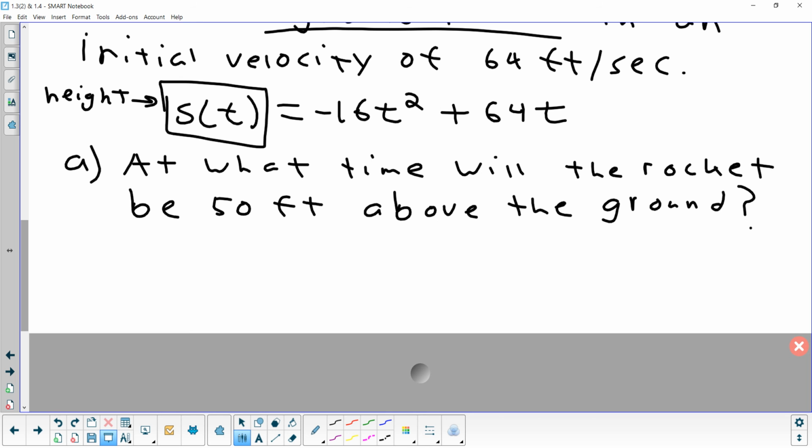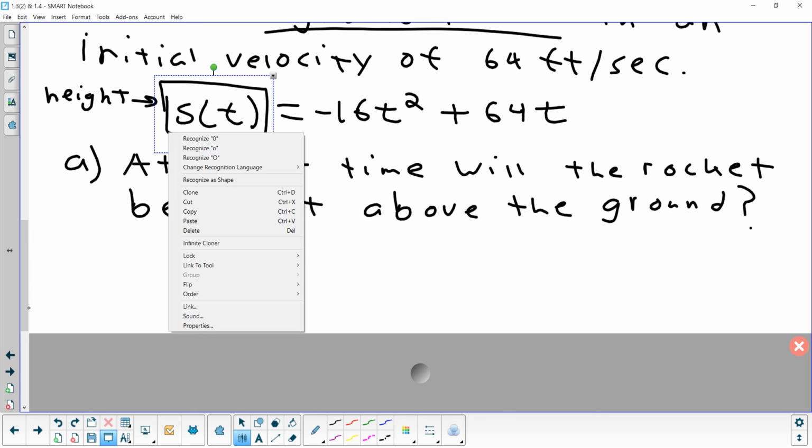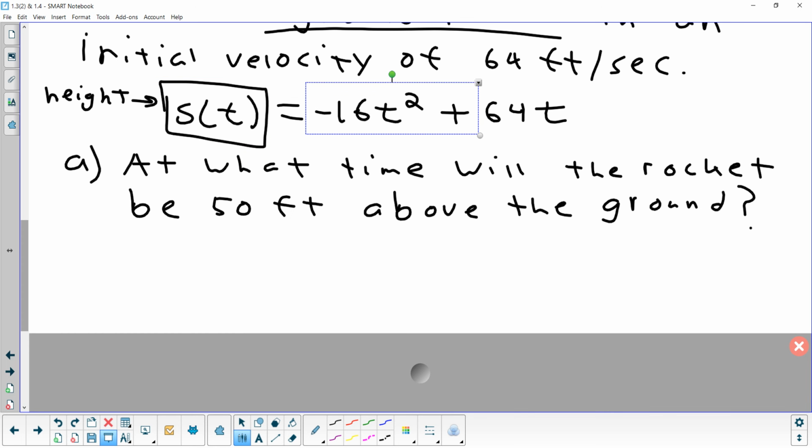So it says, at what time will the rocket be 50 feet off the ground? So think about where you would fill in the 50 feet. Would that get filled in for S of t on the left or t on the right?